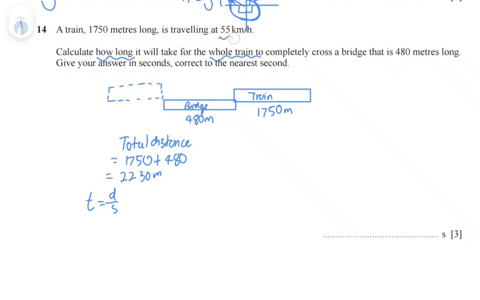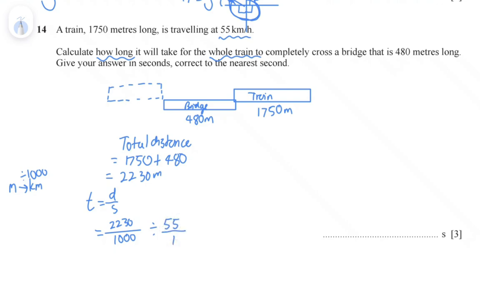Well, our speed is in kilometers per hour, so to calculate it, we need to convert our distance into kilometers. From meters to kilometers, we have to divide by 1,000. So we will write this as a fraction, and then we will divide it by our speed of 55 kilometers in 1 hour.